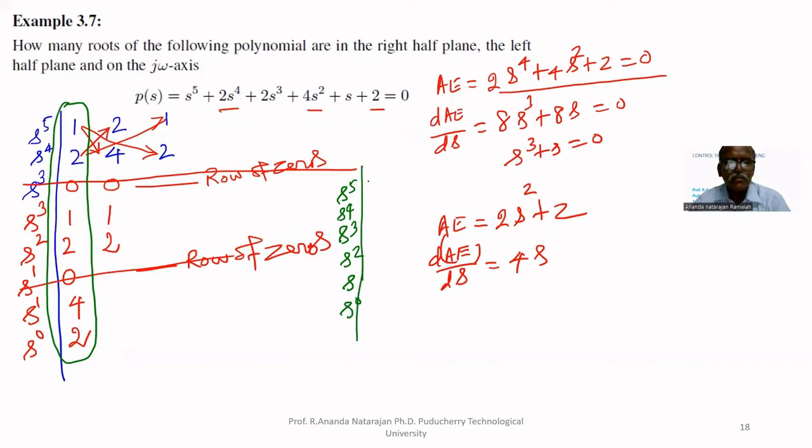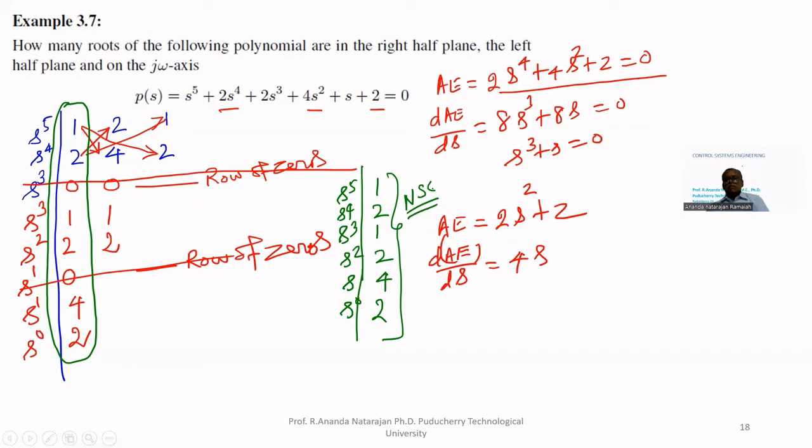What are the elements? 1, 2, 1, 2, 4, 2. No sign changes. But we cannot say the system is stable. Sometimes it may be unstable also. Let us check, because it has an auxiliary equation.